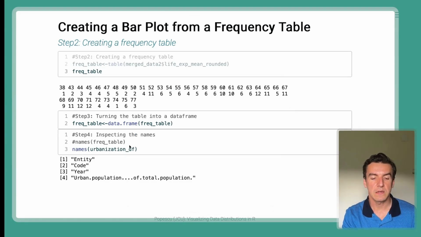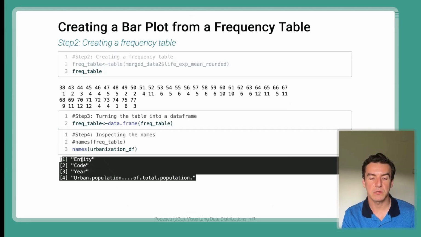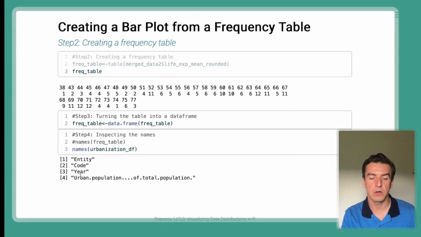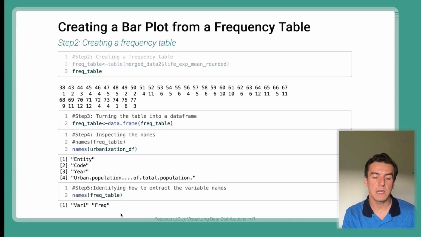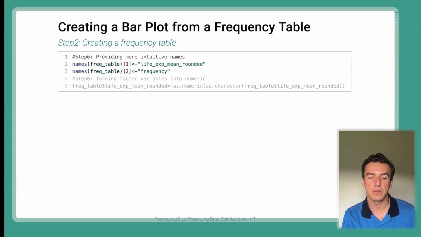Remember that if we look at, for example, the original urbanization data frame, we have column names such as entity, code, year, and this ugly variable name. For the frequency table, we have Var1 and Freq. So essentially, Var1 will be this, and Freq will be this. But this is clearly not the most helpful labeling.